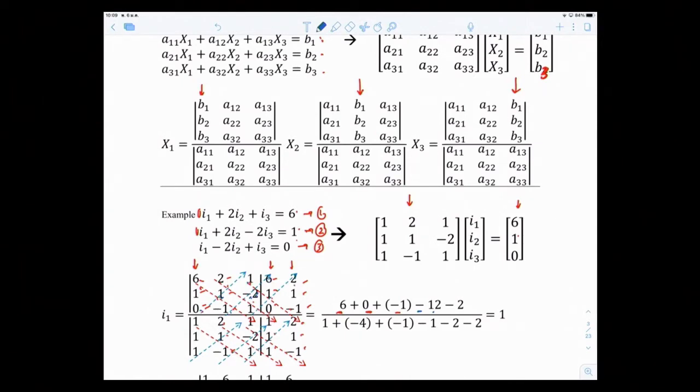And then 2 times 1 is 2, so subtract 2. Divided by the same thing for the determinant of the coefficient matrix. The diagonals going downwards are positive, plus sign, and then you minus whatever is in the multiplication along the blue dotted line here. And you get the answer I1, which would be in amps, since I1, I2 are for current.